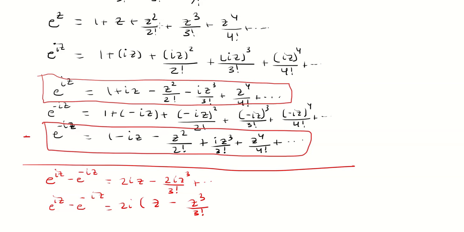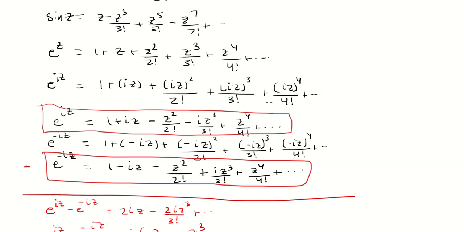Let's go one more of these actually, just to see the pattern. Let's say z to the 5th over 5 factorial. And this will be iz to the 5th over 5 factorial. So this will be i to the 5th is just i, z to the 5th over 5 factorial.